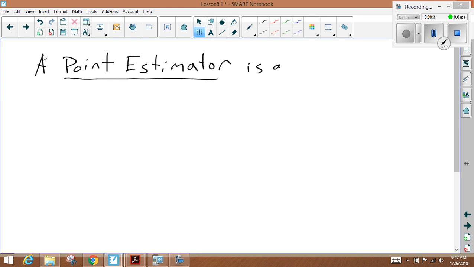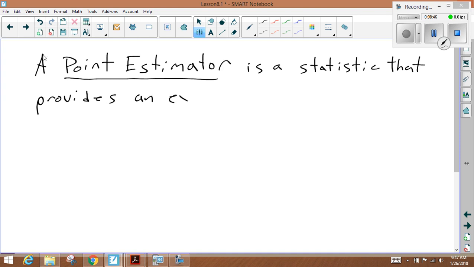It's a statistic that provides an estimate of the population parameter.